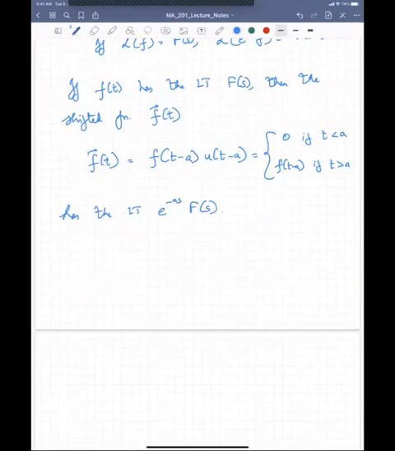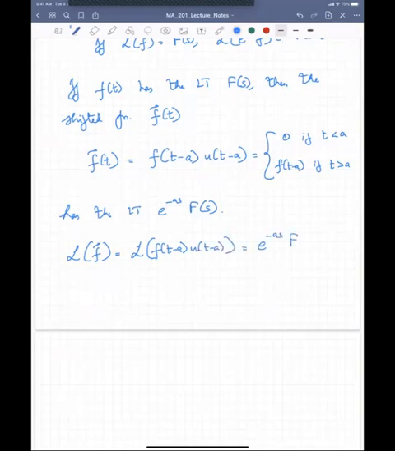So if the function has the Laplace transform capital F(s), the shifted function has the Laplace transform e to the minus as times capital F(s). So what I'm basically saying is L of f tilde, which is L of f(t − a) u(t − a), is e to the minus as F(s).